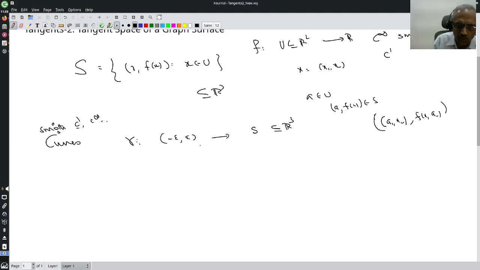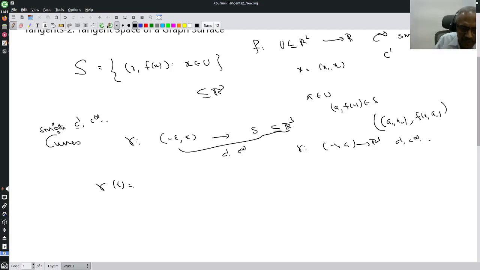When I say gamma is smooth, it is as a function from minus epsilon to plus epsilon into R3, because for S we have not yet defined anything. It should be C1, C infinity, or whatever. Now gamma(t) I can write as (x1(t), x2(t), f(x1(t), x2(t))).